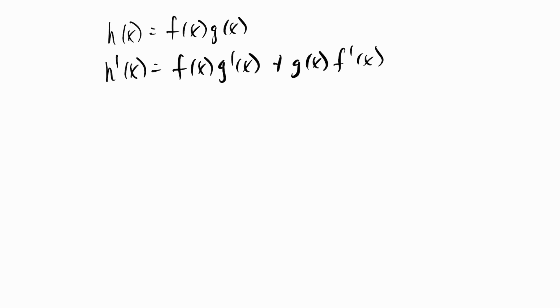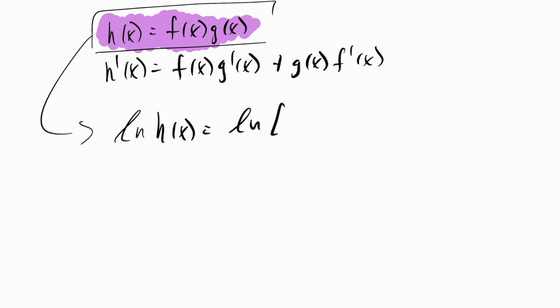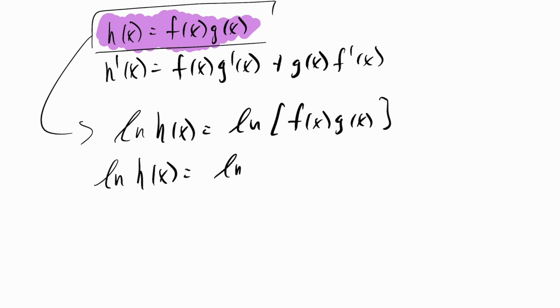logarithmic differentiation. What I'm going to do here is start off with the assumption that I have a function that's the product of two other functions, f and g. I'll take the ln of both sides. So this is going to be ln of h at x is the ln of f at x times g at x, in which case the ln of h at x is the ln of f at x plus the ln of g at x.